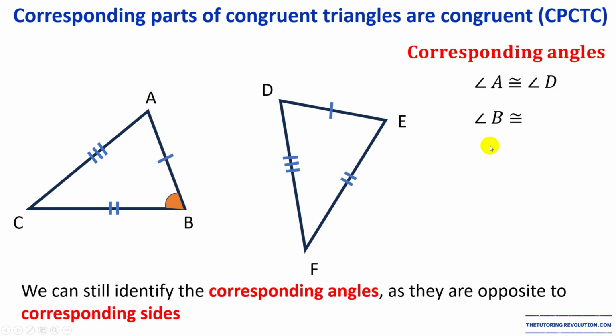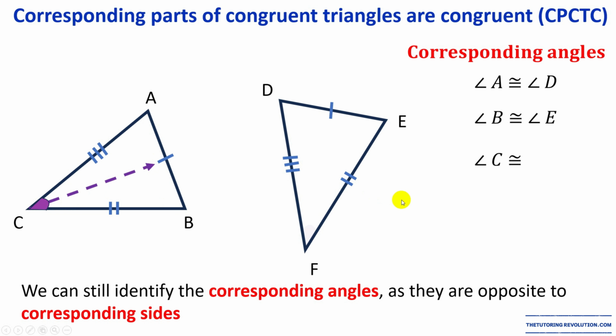Now, angle B, which is opposite to the side with three tick marks, corresponds to angle E, which is also opposite to this side with three tick marks. Therefore, angle B is congruent to angle E, because both of them are corresponding. Angle C here is opposite to the side with one tick mark.